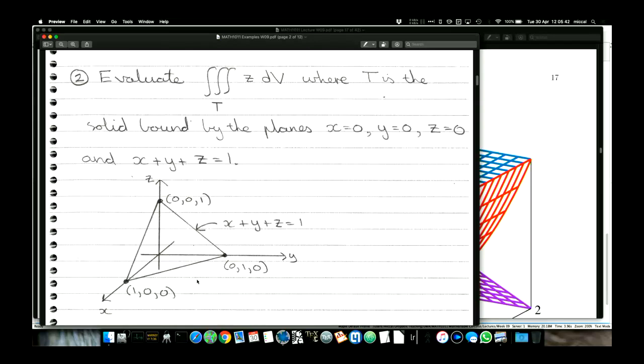So just to rehash what we were doing. This is a relatively simple one. I've got to evaluate a triple integral. Here I'm integrating a function, so I'm not asking for the volume of this. It's basically like a pyramid on its side. If I was asking for the volume of it, I'd be integrating 1.